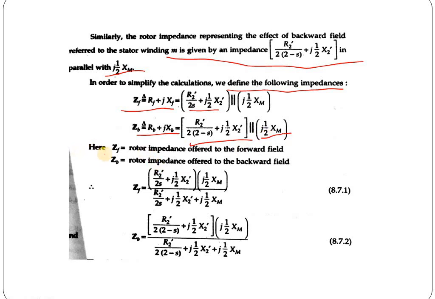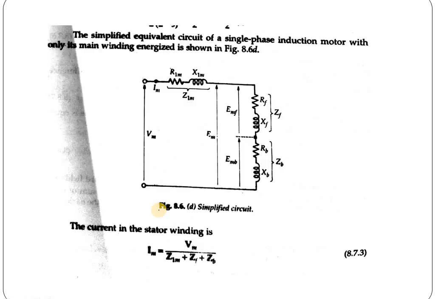So here Zf is the rotor impedance referred to the forward field and Zb is the rotor impedance referred to the backward field. Calculating these, we get the values for forward field and backward field, and putting all those values, we can simplify the single phase induction motor equivalent circuit with only its main winding energized. We have put the values of Zf and Zb, the forward field and backward field impedances, and simplified the circuit into a smaller one.